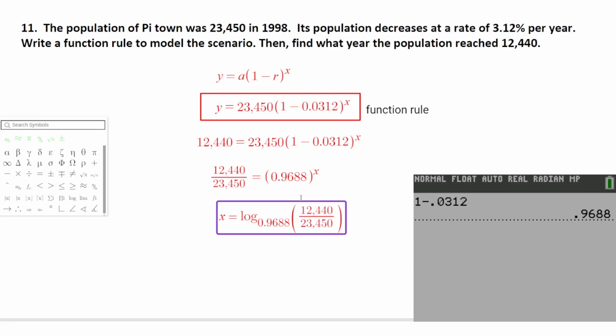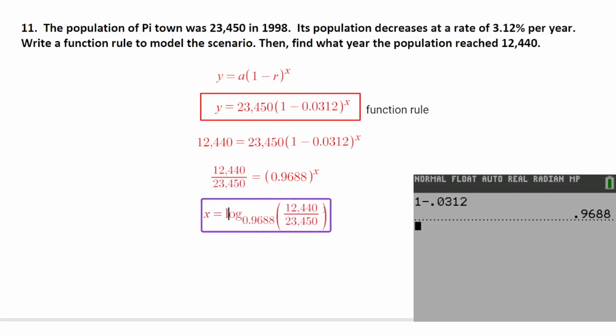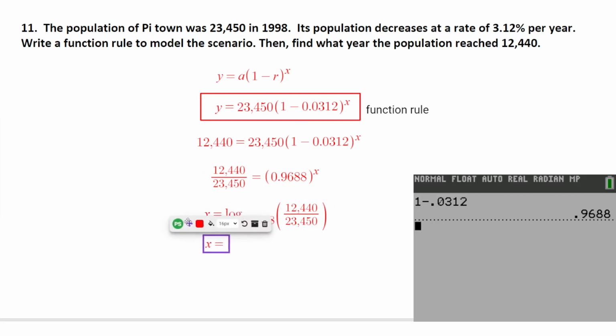So, assuming you do not have one of the newer calculators, we are going to have to use the change of base formula to actually type this in the calculator if you've got a scientific or one of the older TI models. So I'm going to rewrite this as x equals, we're going to change it to base 10, although technically you could change it to any base you want.